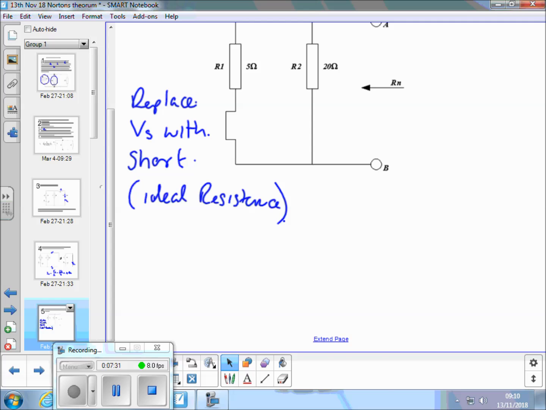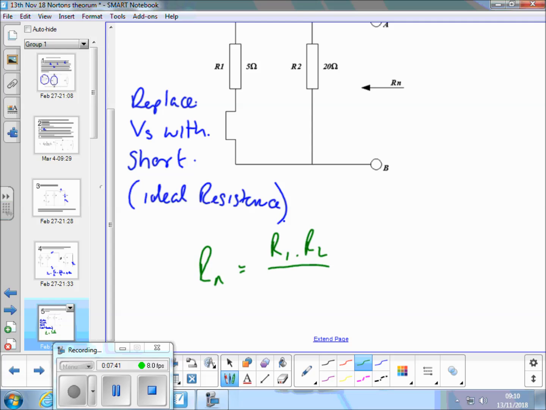R1 and R2 are in parallel, so we can use product over sum, R1 times R2 over R1 plus R2, that is 20 times 5 over 25, that's 4 ohms.